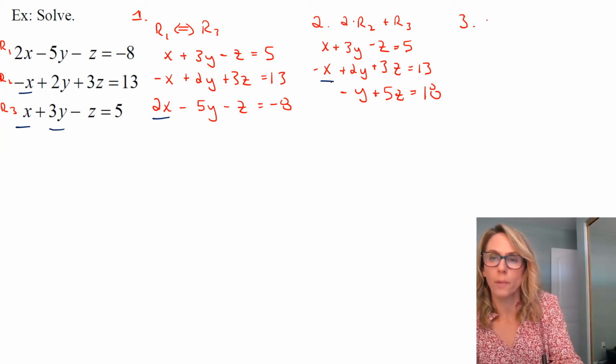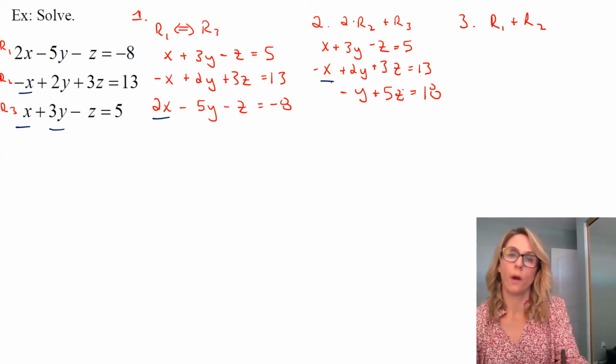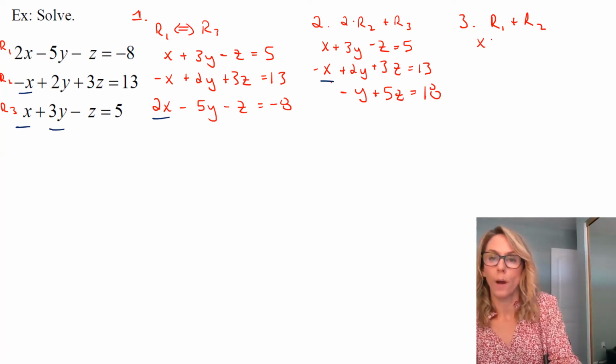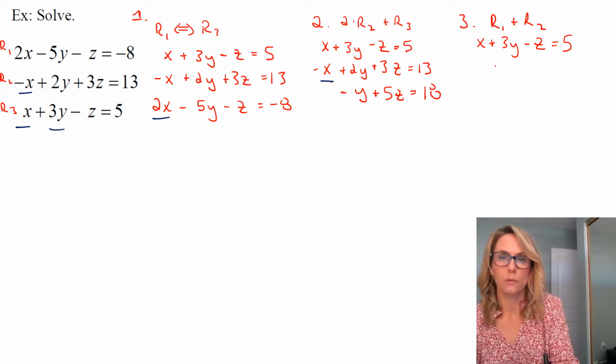So my third step is fairly straightforward. If I just take row 1 and I add row 2, notice that the x will be eliminated from row 2. So my row 1 will stay the same. So I'm adding row 1 and row 2. You can see them pretty straightforward here.